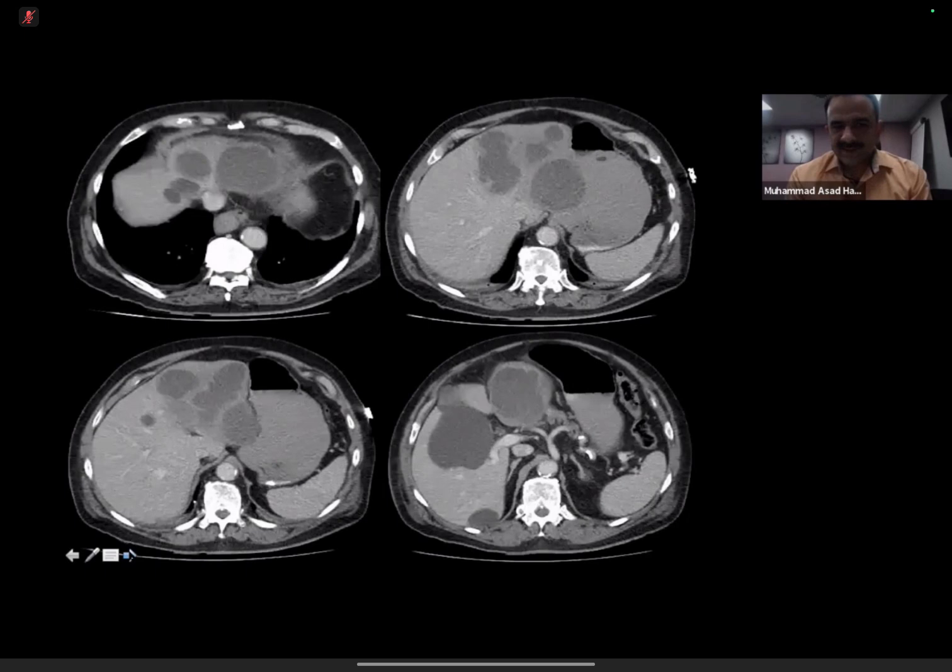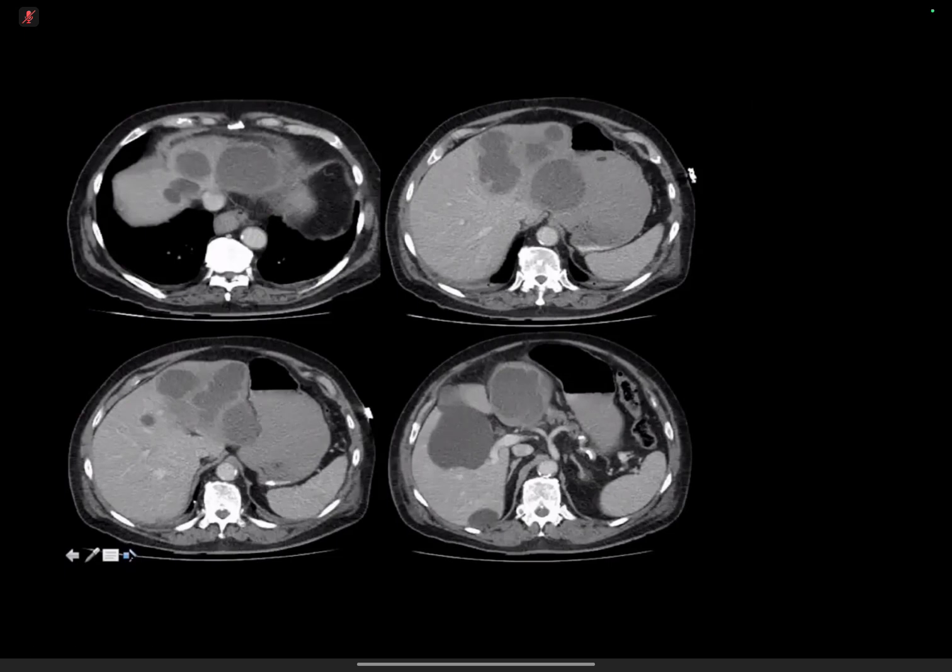Next case for you as well. Kindly describe the findings on the images presented. So we have axial contrast-enhanced CT images through the upper abdomen.